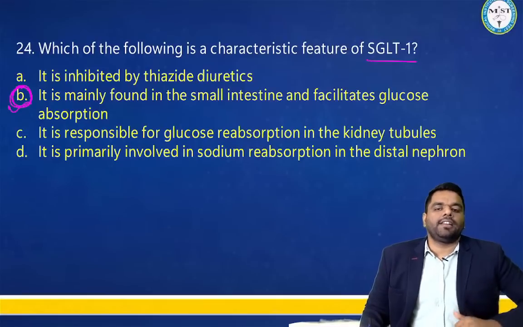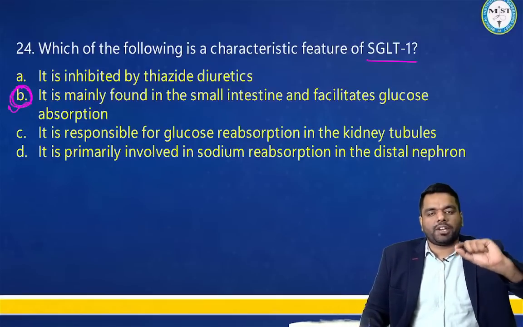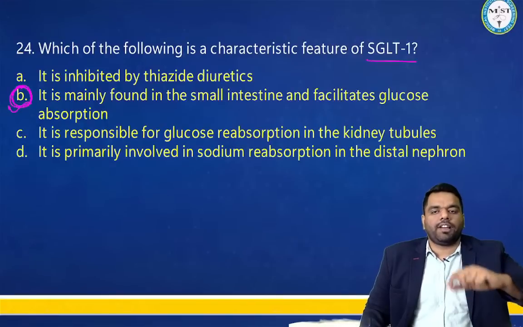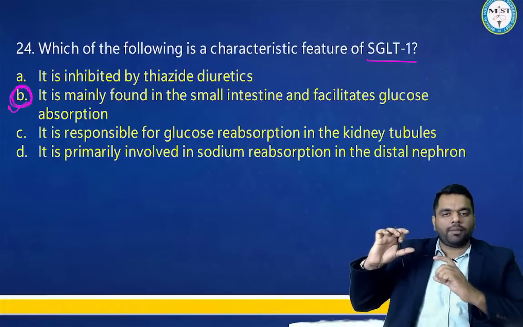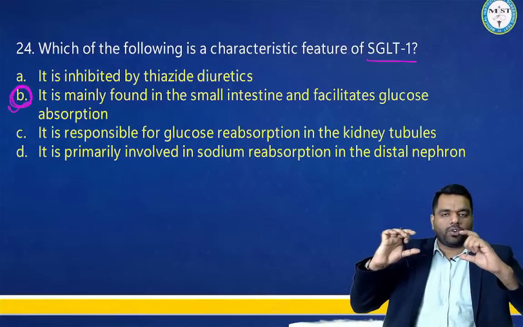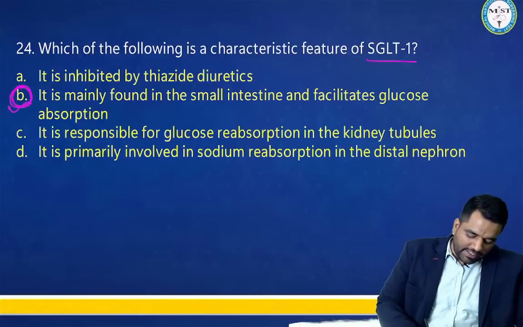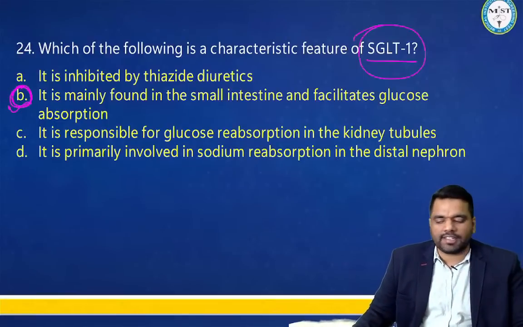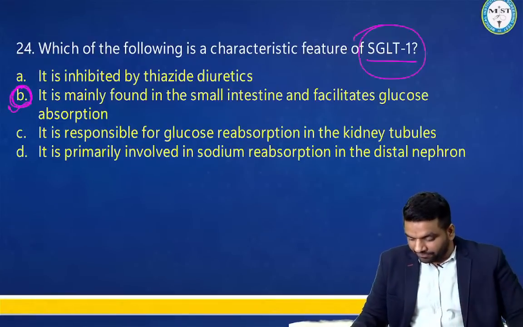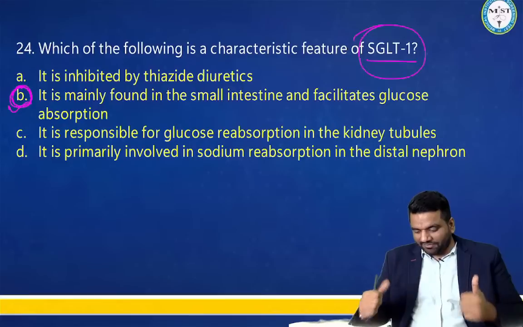That is why this channel, which requires both sodium and glucose for opening, is the reason that in ORS we mix equal quantities of sodium and glucose, so that this channel can easily open up and sodium and glucose can enter the plasma. Right, beta?